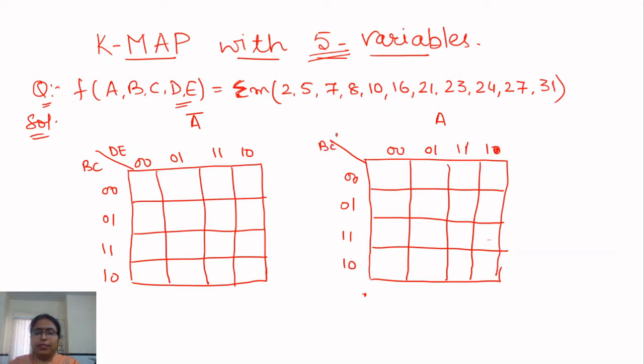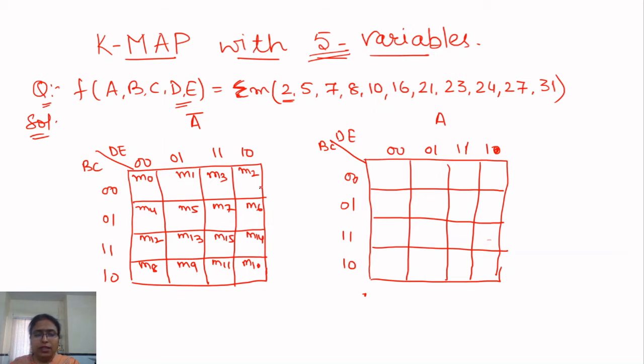This is B, C, D, E. First is M0, M1, M2, M3, M4, M5, M6, M7. This is M8, M9, M10, M11, M12, M13, M14 and M15.